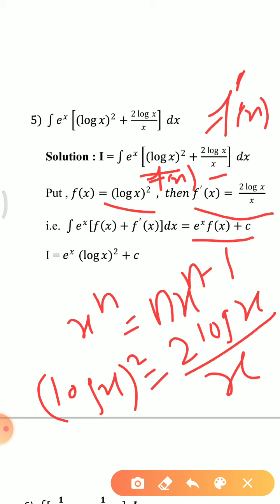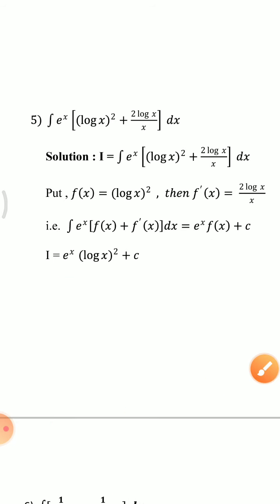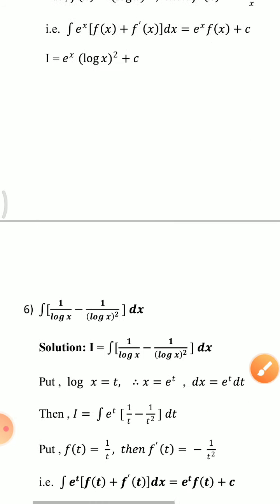So the answer becomes I is equal to e raised to x times (log x)² plus c. That is the answer of the question. Let us see question number 6.